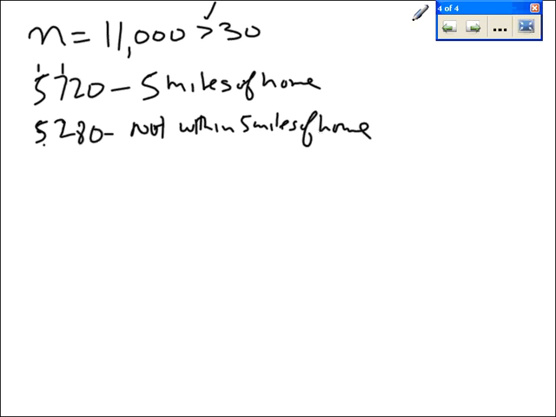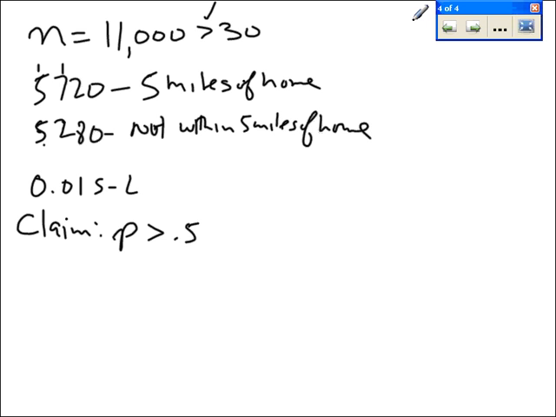Now, this time we want to use a 0.01 significance level to test the claim. We have a claim that more than 50% of the car crashes occurred within 5 miles of home. The claim is that P is greater than 50%.